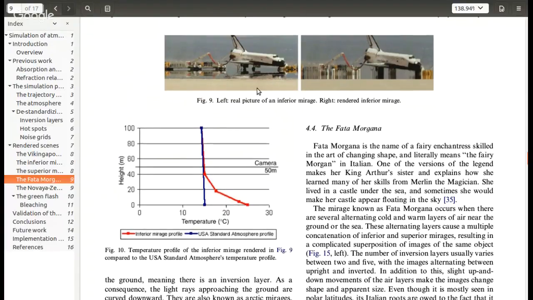So here they show the simulation that they did versus the actual inferior mirage. And of course, the reason they don't match perfectly is because it looks like they're assuming some uniform temperature profile, but in reality, if I think about every part in this picture, it might have a slightly different temperature variation, which can affect the actual trajectory.